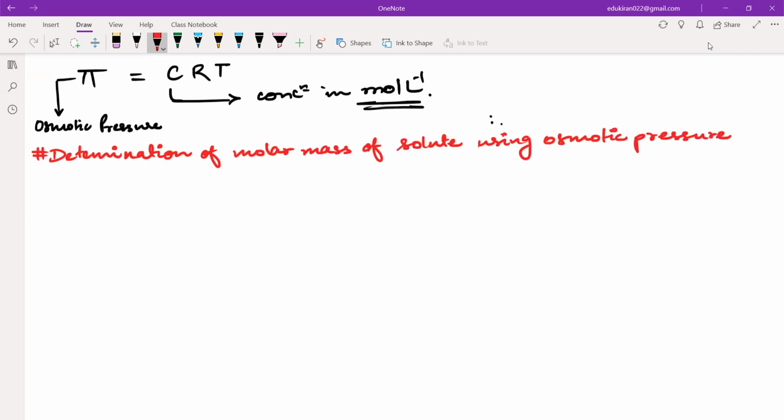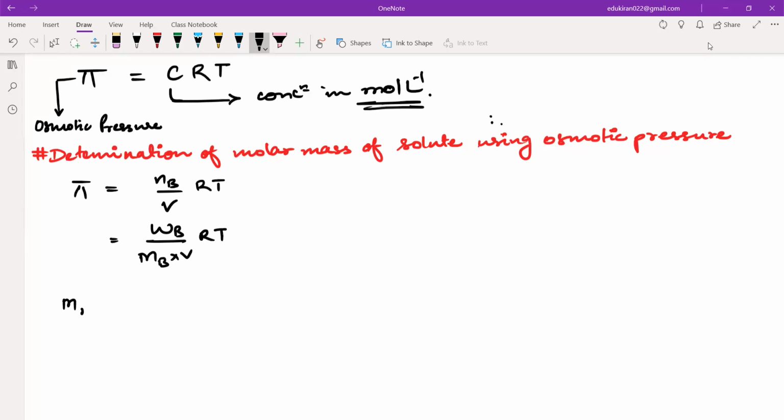Molar mass of solute using osmotic pressure. ठीक है? चलिए, please write with me. Pi is equal to nB upon V into RT. nB will be equal to how much? WB upon MB into V into RT.